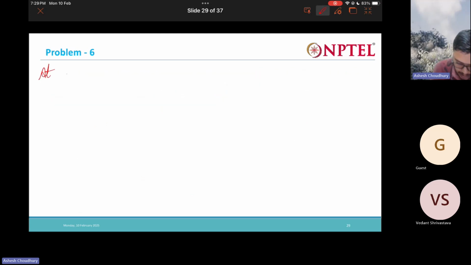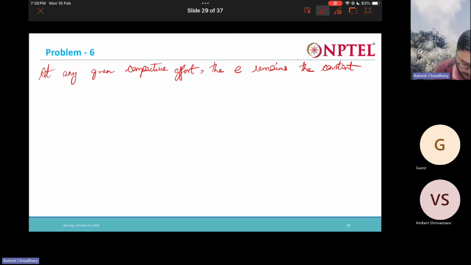So I will write it down. At any given compactive effort, the E remains constant. So S is what?